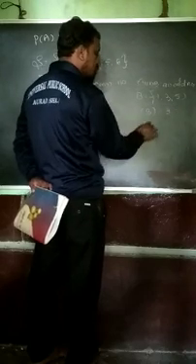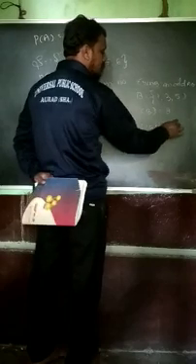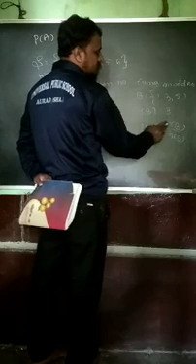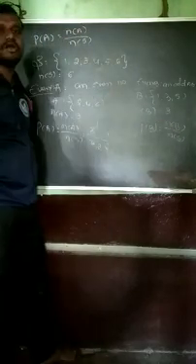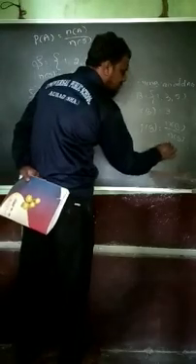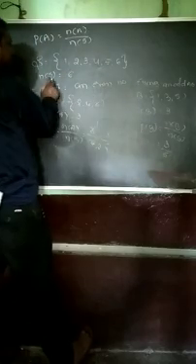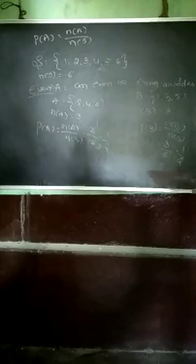Therefore, the probability of event B is equal to n of B divided by n of S, the sample points in event B divided by the sample points in the sample space, right? N of B is 3 and n of S is already taken, n of S is equal to 6. So the answer is 1 by 2. The probability of event B is equal to 1 by 2.